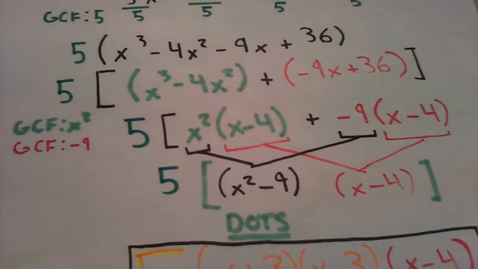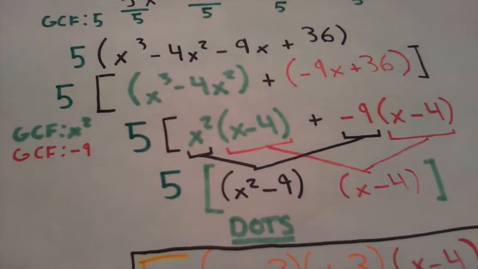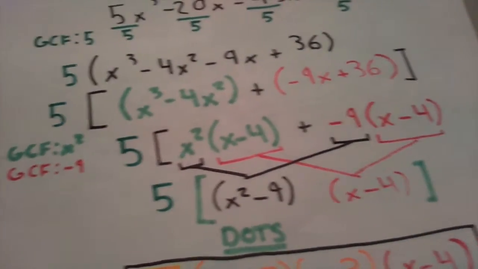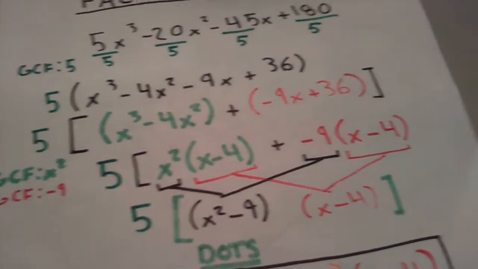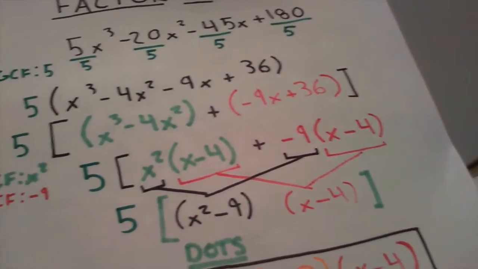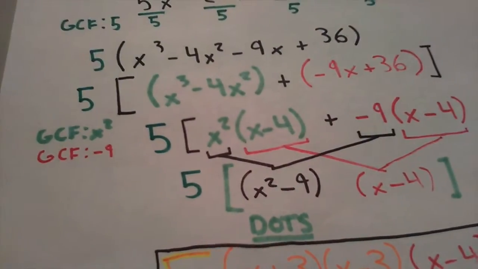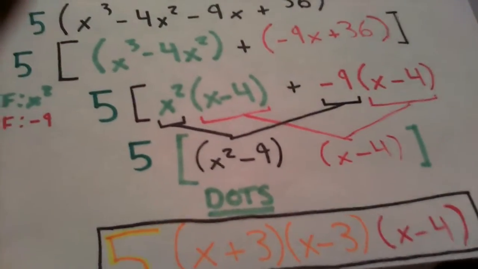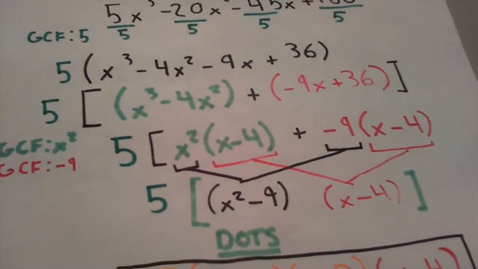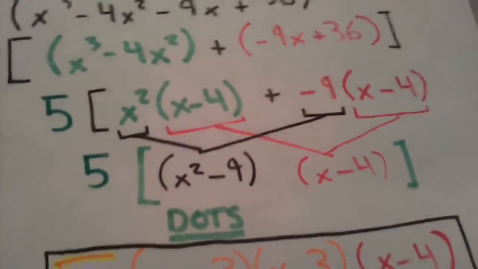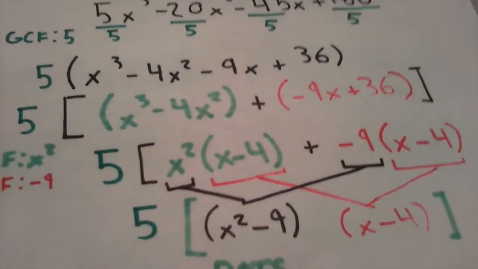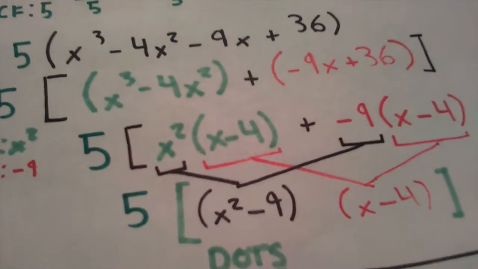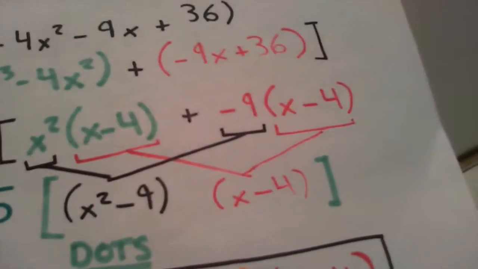And you get x^2 times (x minus 4) plus negative 9 times (x minus 4). Then you take the two factors you pulled out of both groups and plug those into a formula for your final answer, and you also take x minus 4 and put that in too.